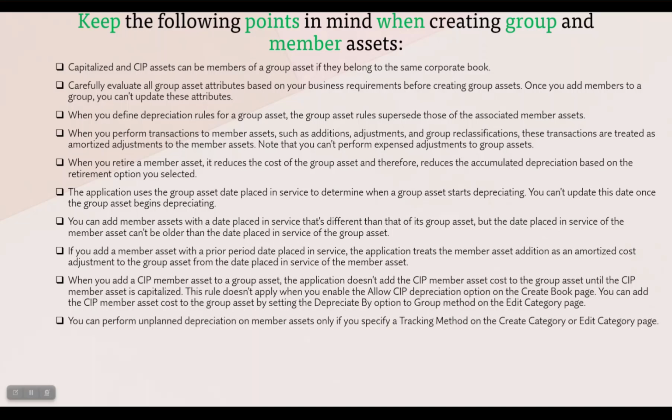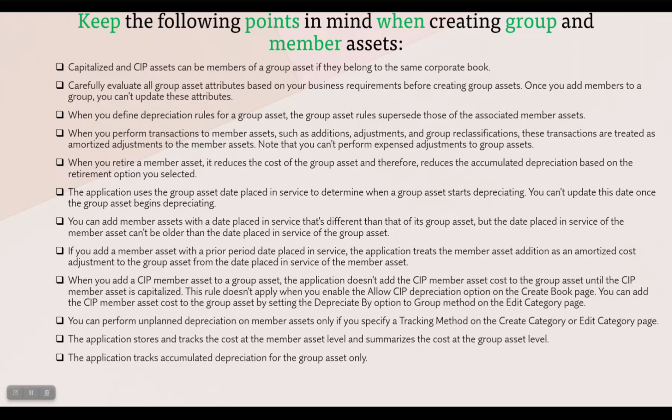You can perform unplanned depreciation of member assets only if you specify a tracking method on the create category or edit category page. There are 2 or 3 tracking methods: none, group, or member. Also, this is part of the group asset setup. The application stores and tracks the cost at the member asset level and summarizes the cost at the group. I think this is logical: the cost is at the member asset level and summarized as a total at the group asset level.